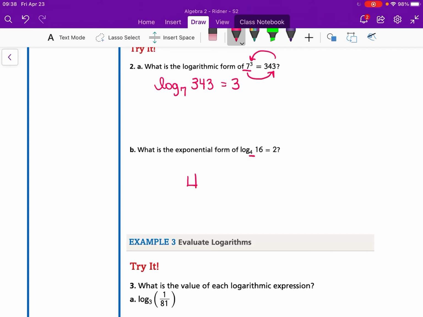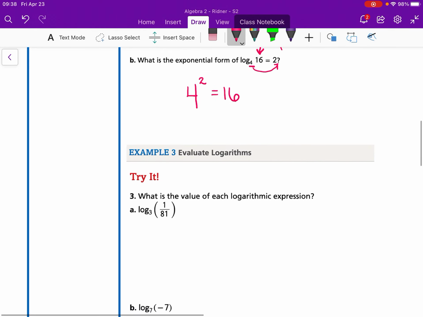So always start with the base of the log, and that becomes the base of your exponent. The answer is your exponent. And then the part next to log is your answer. So you just work backwards. It always helps me to draw that little circle to make sure that I go in the right order. If it's all numbers, it's also nice to check. 4 squared is 16. So that makes life easy.